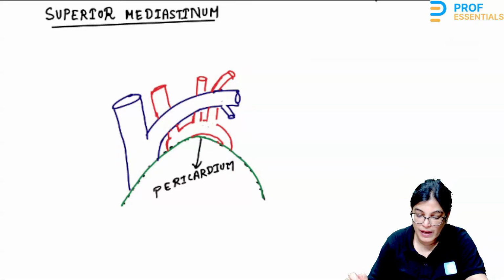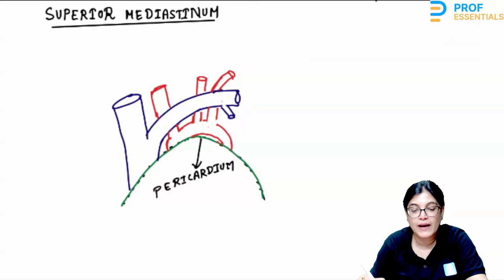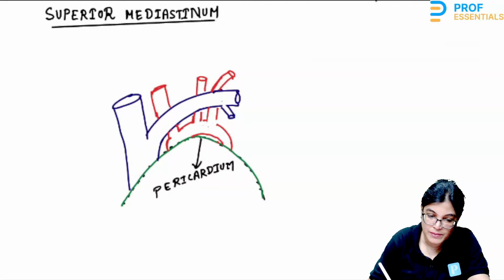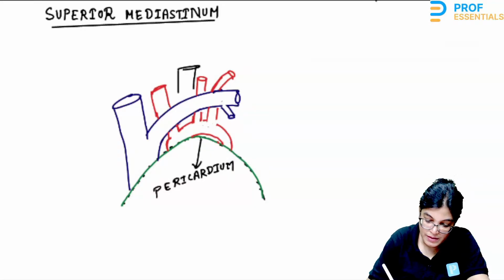So here we will also have the part of trachea and esophagus which will be seen here. This will be the part of esophagus and here will be the part of trachea.